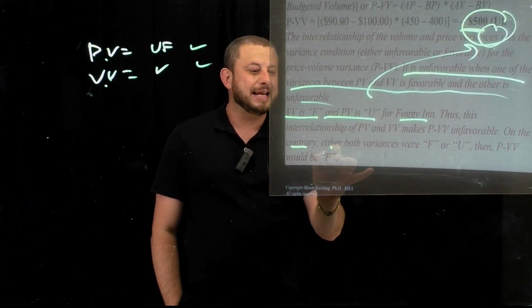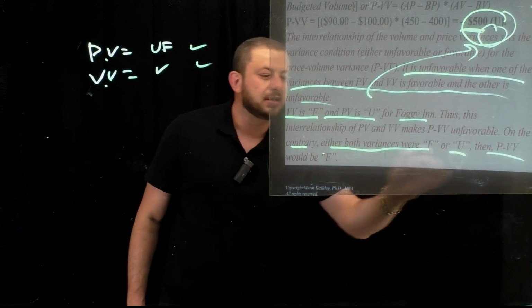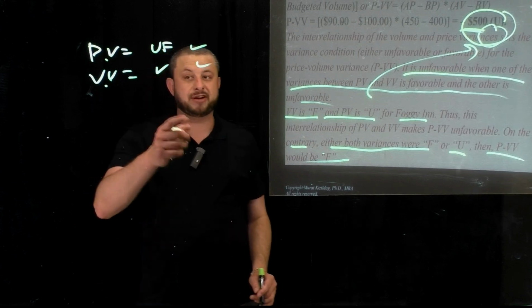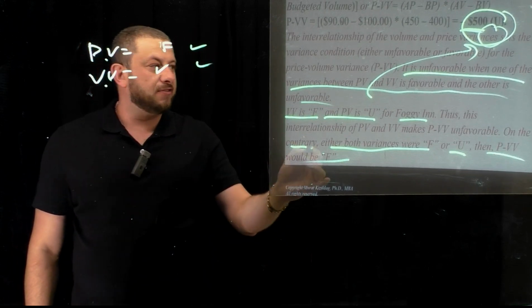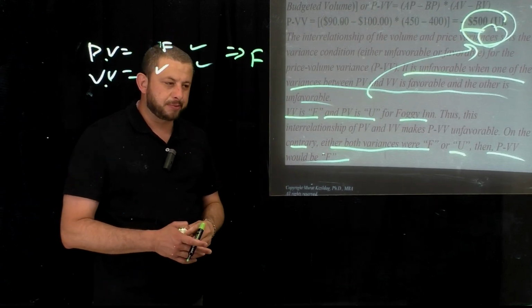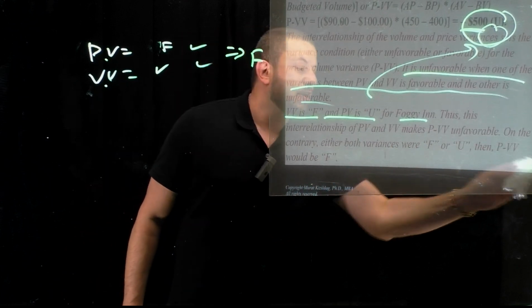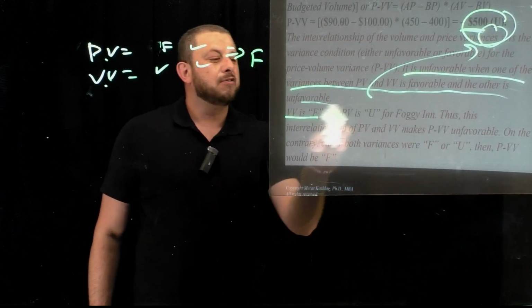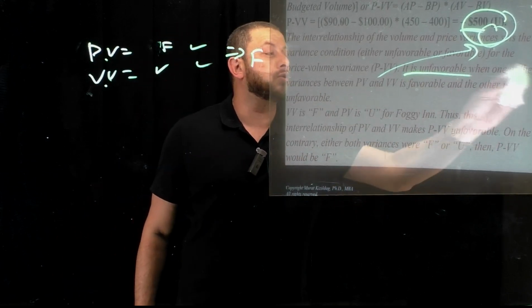On the contrary, if both variances were favorable or both unfavorable, then PVV would be favorable. So if, let's say, PV was favorable as well, PVV will produce favorable results. So again, for the combined variances, we always take a look at the interrelationship of individual variances.